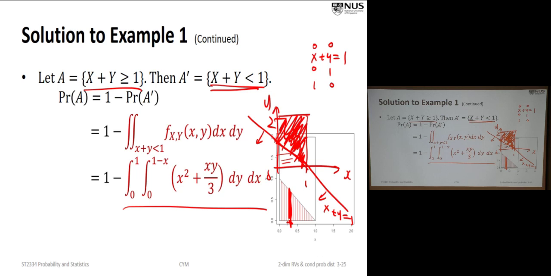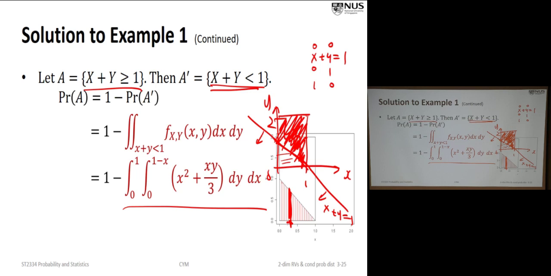Now, if I want to find the probability that it falls in that area, I have to integrate my PDF over this region. So I integrate y first. That means I fix x. Once I fix x, my integration will be for y from this point, which is 0, up to this point.